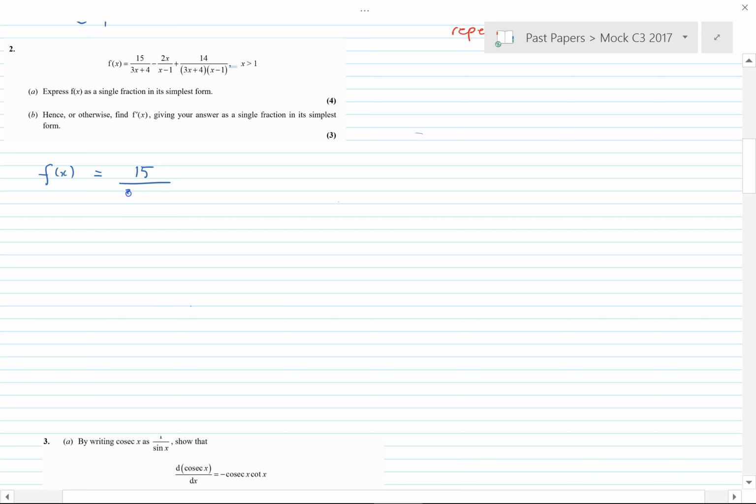15 times 3x plus 4 times x minus 1 over x minus 1. Then that times by 2x minus 1 on top and bottom. Then 2x, x minus 1 times by 3x plus 4 on top and bottom. And obviously the last term is unchanged because it's already got those factors on the bottom.